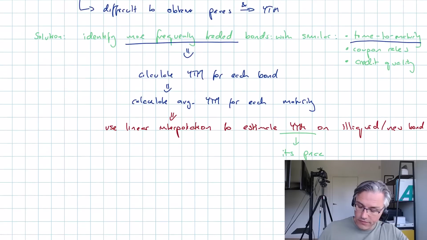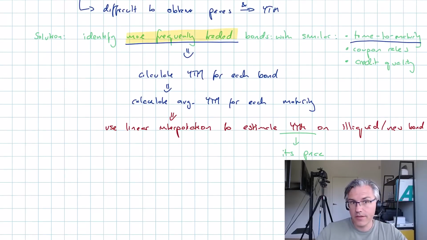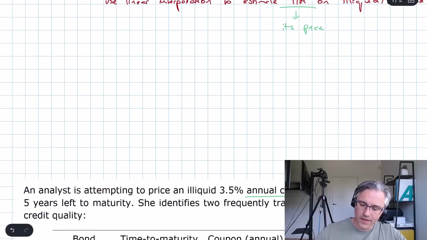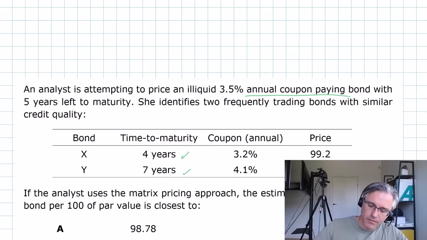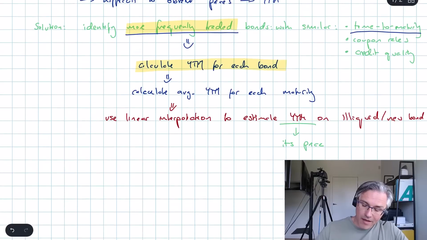First of all, we've identified some more frequently traded securities that are comparable. Good. Now, for each of them, we're going to calculate the YTM, the yield to maturity. But because we've only got one representative for each maturity bucket, a bond with 4 years to maturity and one with 7 years to maturity, there will be no averaging because we only have one representative.